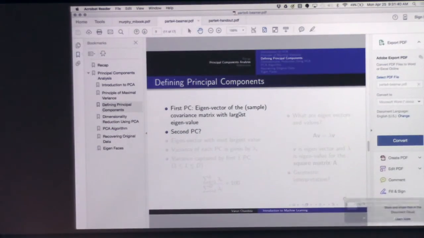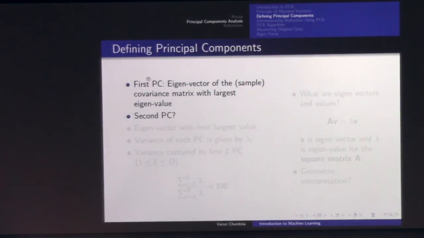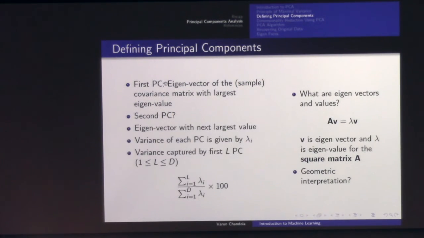The point is that now you can take the first principal component, you can take the second principal component, right? And there is a total variance of the data, all right? Each principal component explains some part of the variance. If you take the first principal component, it will explain some part of the total variance.